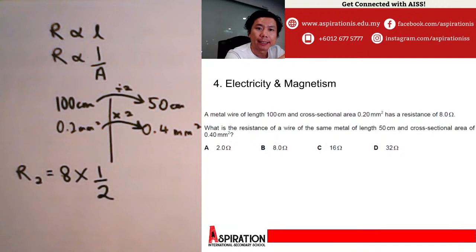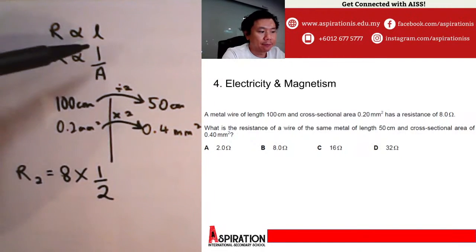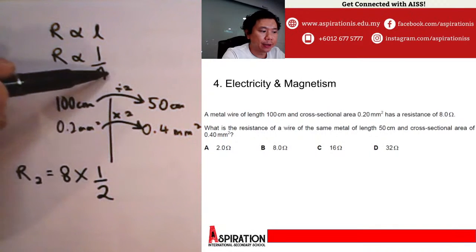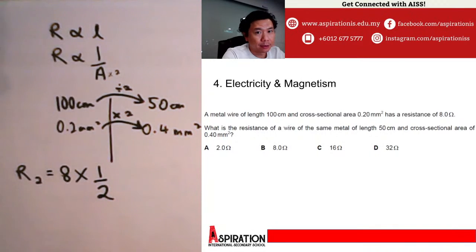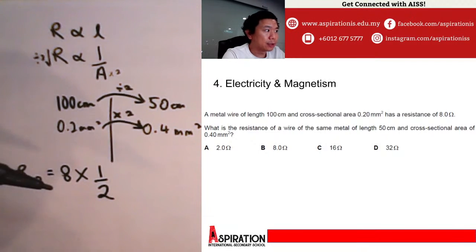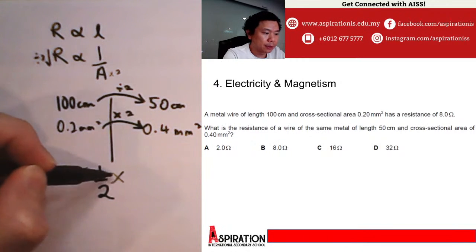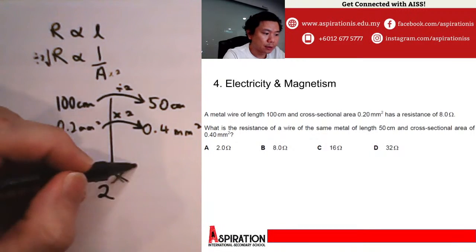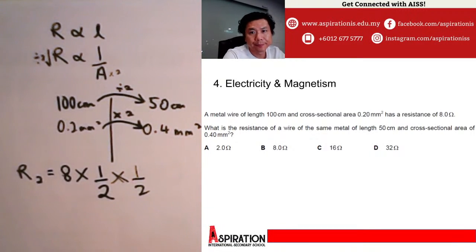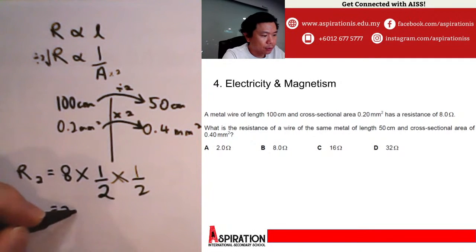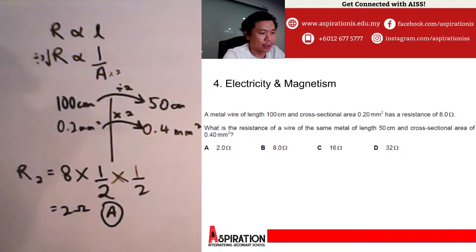Since resistance is inversely proportional to area, and since area has doubled, the resistance must go down by 2. So Kenjin is right, it's decreased. Very good. Since it's decreased, we need to multiply it by a half again. So yes, the answer is 2 ohms, and the answer is A.